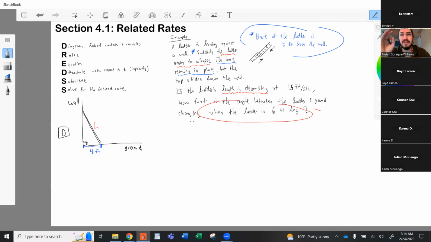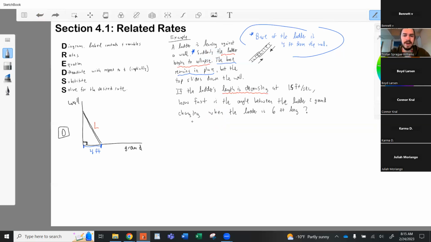So that's a particular value of L, but it's preceded by the word when, which is really important, because it means that it's just identifying a moment in time. It's not telling you that the ladder is 6 feet long, period. It's saying when the ladder is 6 feet long, how fast is this thing moving? Like what is this other rate? So we can't label 6 feet in our diagram.